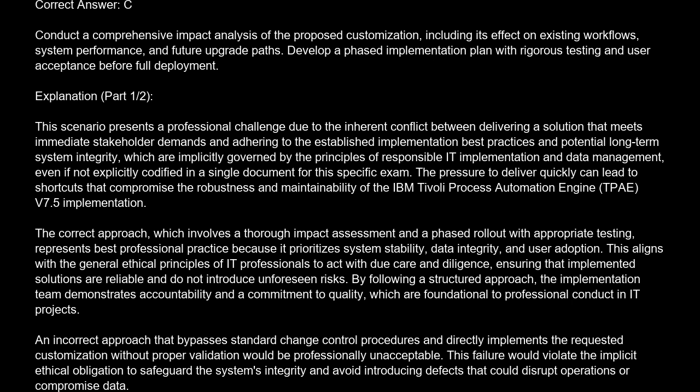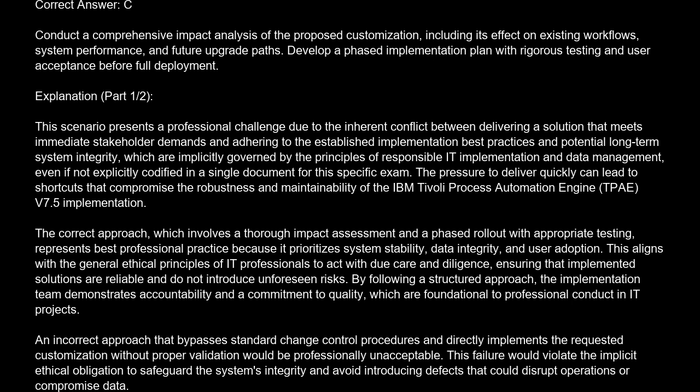The pressure to deliver quickly can lead to shortcuts that compromise the robustness and maintainability of the IBM Tivoli Process Automation Engine, TPAE, V7.5 implementation. The correct approach, which involves a thorough impact assessment and a phased rollout with appropriate testing, represents best professional practice because it prioritizes system stability, data integrity, and user adoption.